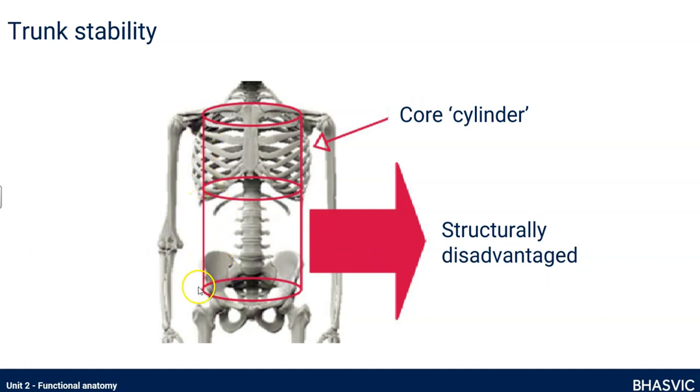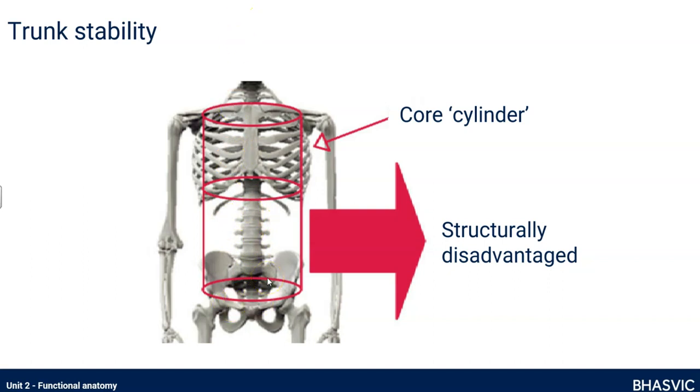Now, this pink diagram shows our central core cylinder. This lumbar vertebra area here is very vulnerable, actually. It's the least stable place of your body. It's structurally disadvantaged. You've just got these series of vertebral bones coping with all the stresses and strains of your body, the twisting, turning, jumping, the forces that go down through it.